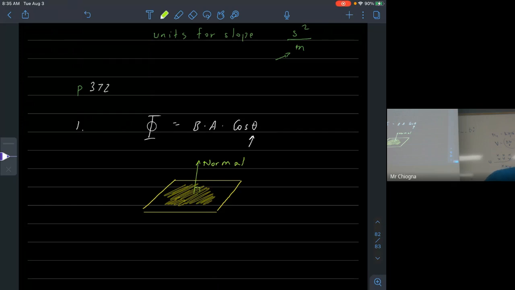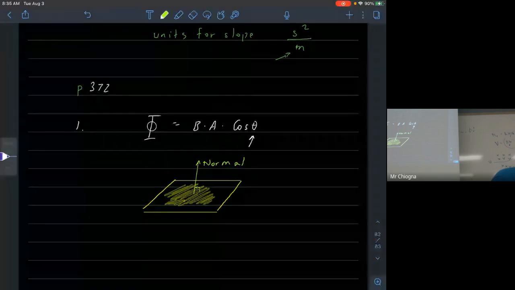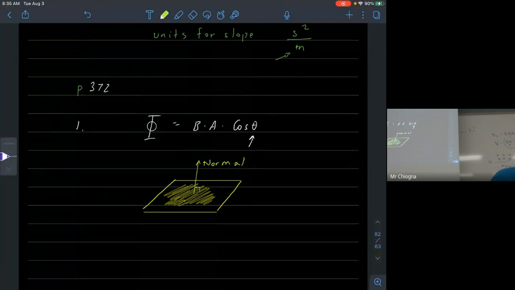So it's the angle that the magnetic field makes with that.